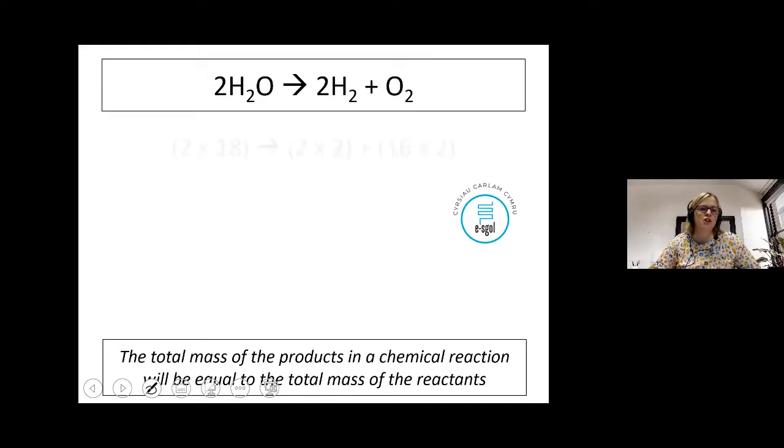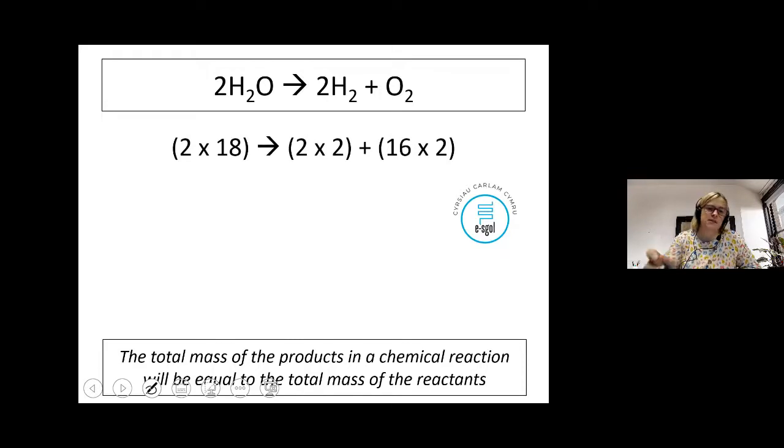So you can see there that if I concentrate on the left-hand side, the water on its own has a mass of 18. But because there are 2 of them, that fundamentally equals a mass of 36. And if you focus on the right-hand side, you've got 2 H2s, which is therefore going to equal 4, because each hydrogen is a singular, and that means you've got 4 of them.